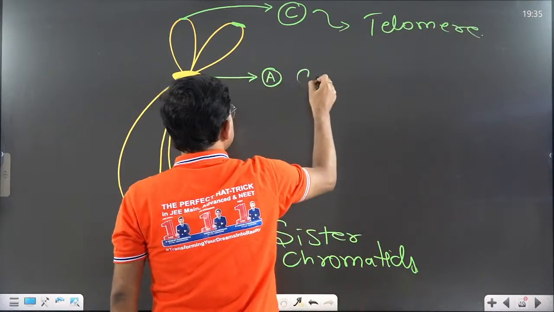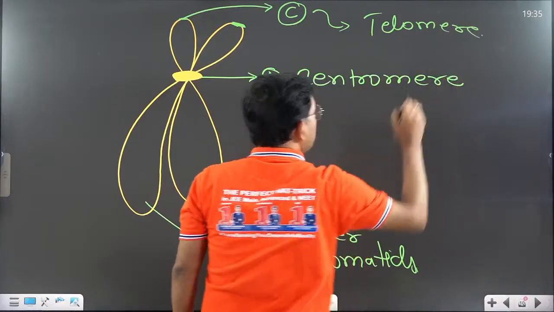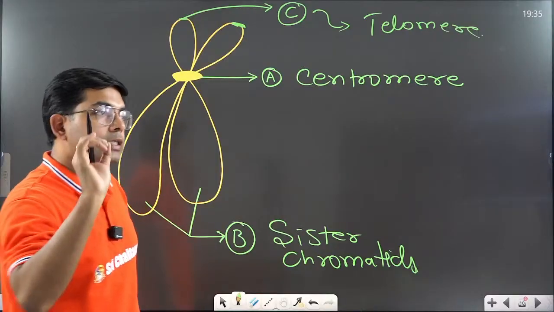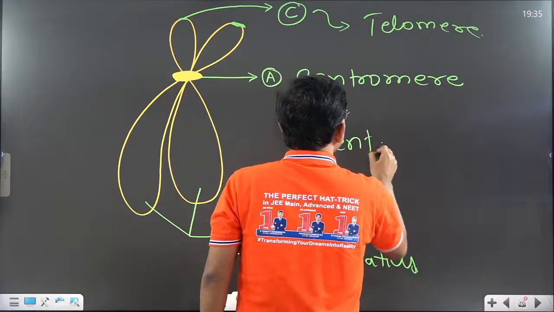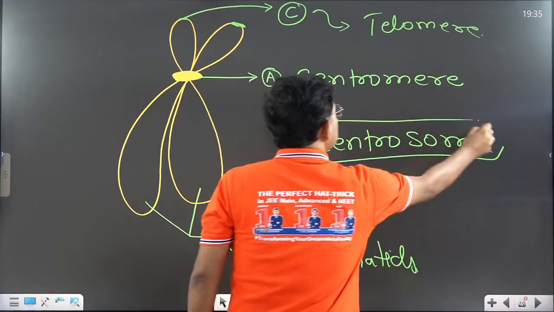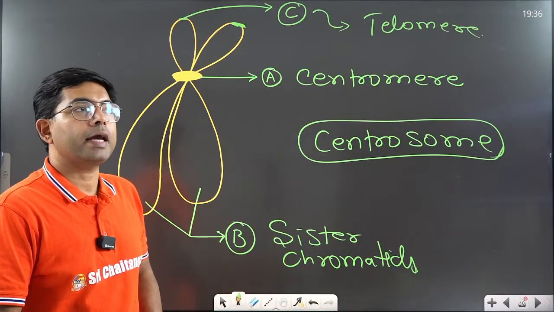Telomere. And this is the centromere. Remember, in your question, many times NEET try to confuse you by writing, instead of centromere, they write centrosome. Now, centrosome is totally different, right? Centrosome is made up of microtubule.